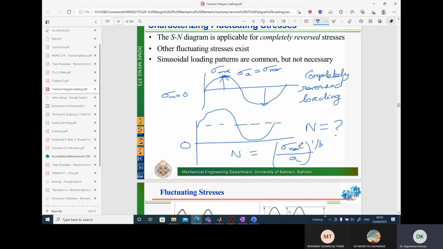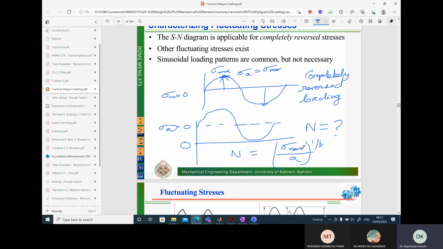So unless we find an equivalent value of sigma reversible for this case, where we do not have a completely reversed load but a positive mean stress value greater than 0, we cannot proceed.